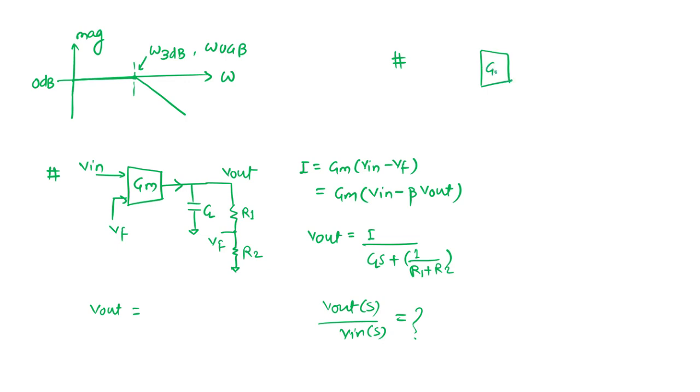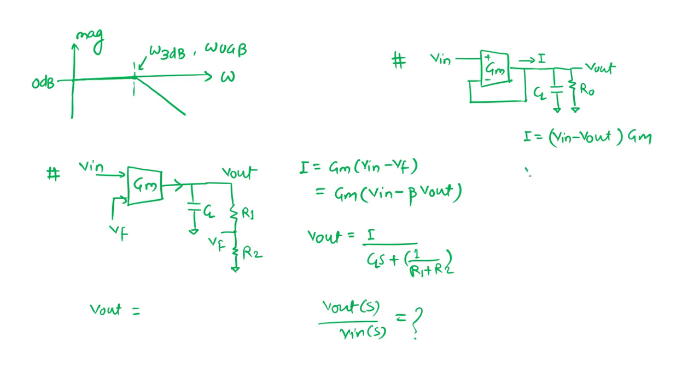Now let me come to this structure, where I initially took the unity feedback, but let's take this in the fashion where we also have the output impedance of the GM cell along with this load capacitance. Again, the current generated here is I equals V in minus V out times GM.